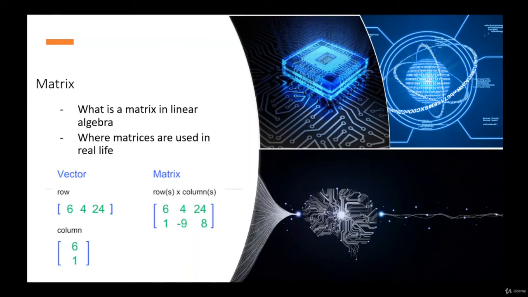So where exactly are matrices used in real life? They can be used in many fields. Those fields can include, for example, statistics, finances, research, or scientific studies, and as I said, pretty much any field. Matrices can also be used to represent real-world data.